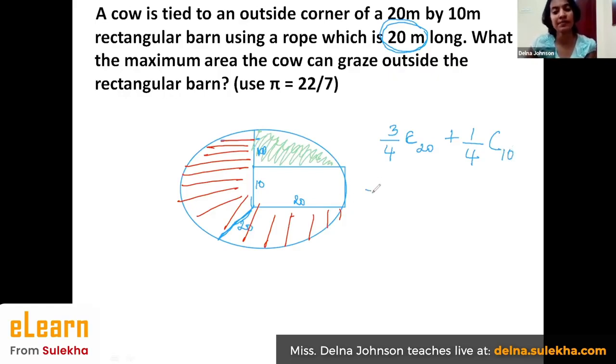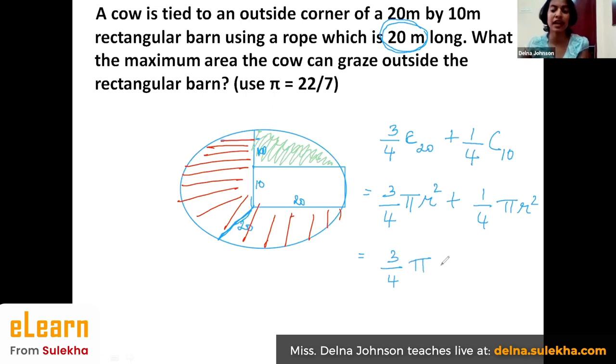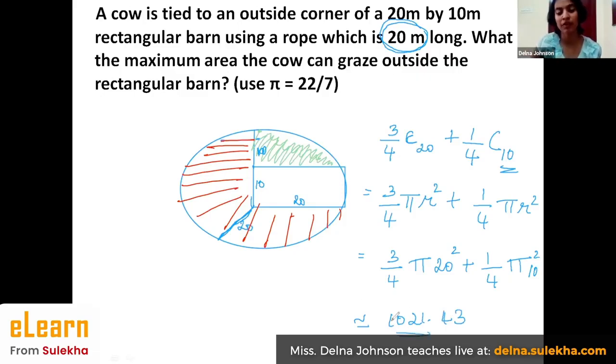Now the area is 3/4 into pi r square plus 1/4 into pi r square. So it's 3/4 into pi into 20 square plus 1/4 into pi into 10 square. This is approximately equal to 1021.43.